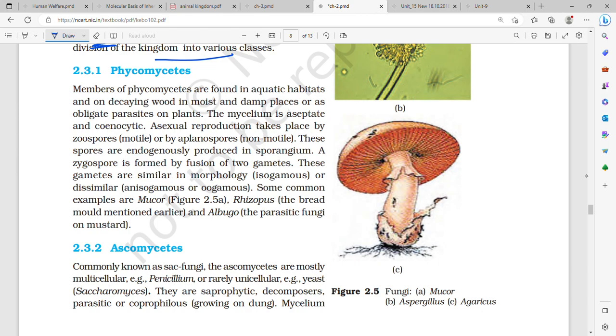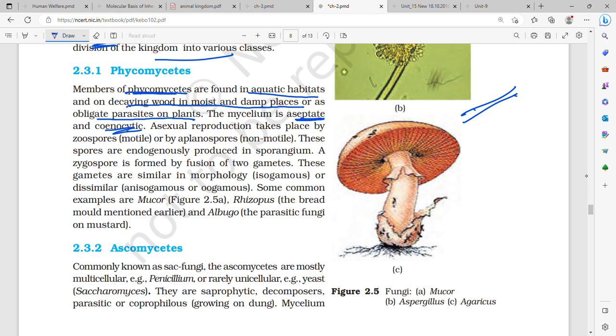Members of Phycomycetes are found in aquatic habitats and on decaying wood in moist and damp places or as obligate parasites on plants. The mycelium is aseptate, that is it does not have cross walls, it is continuous, and coenocytic, multinucleated.